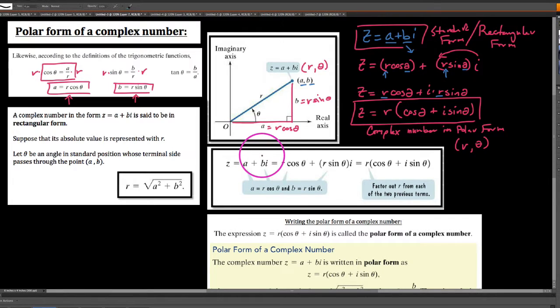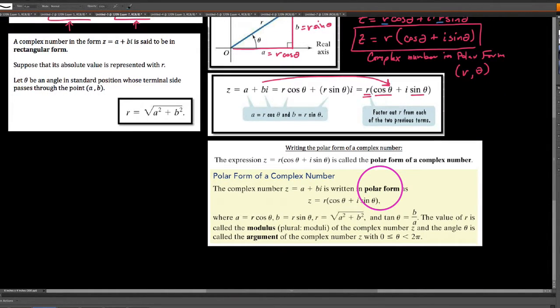This will always simplify from rectangular form into this polar form over here on the right. You'll always see the polar form of a complex number as r times the cosine of theta plus i sine of theta, each one representing the rectangular coordinate portions of the legs of our right triangle.